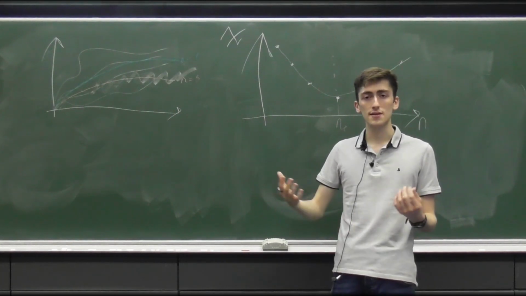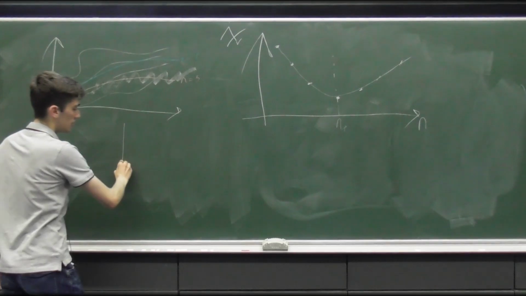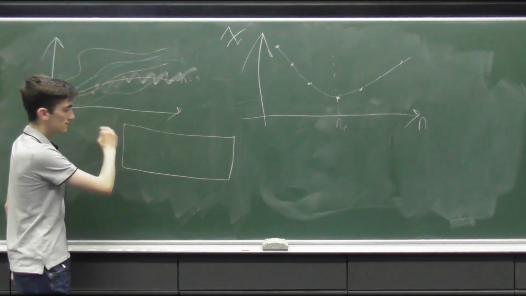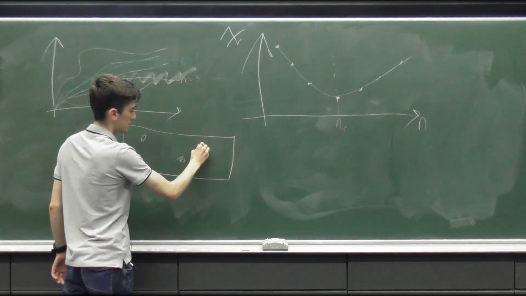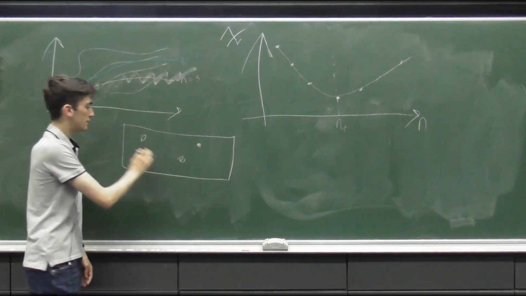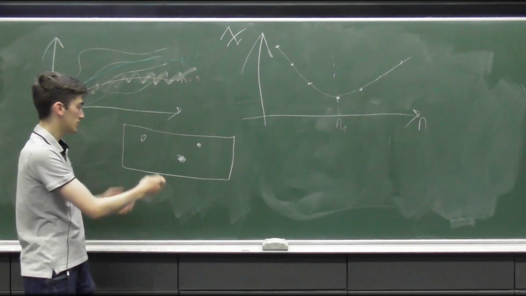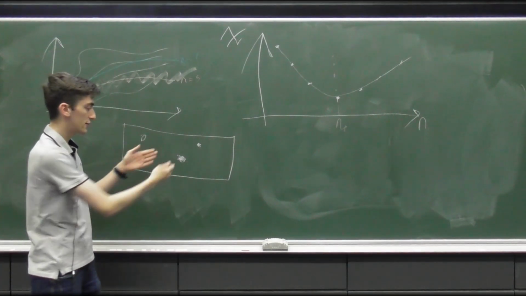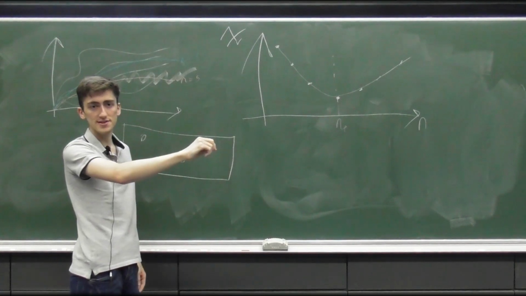So if you can identify on some material different types of defects, so say a vacancy or a substitutional defect, so you're missing something or something different has been placed on your material, each of these will act as a scatterer in some way.